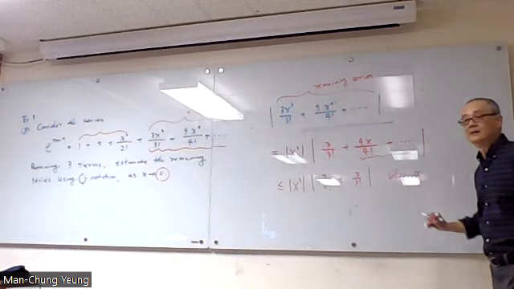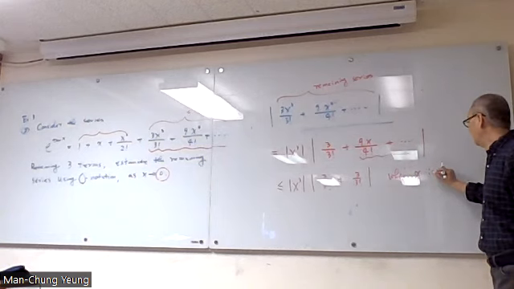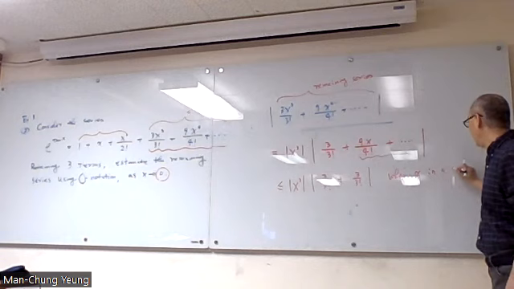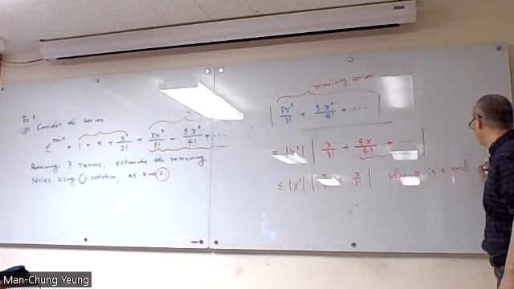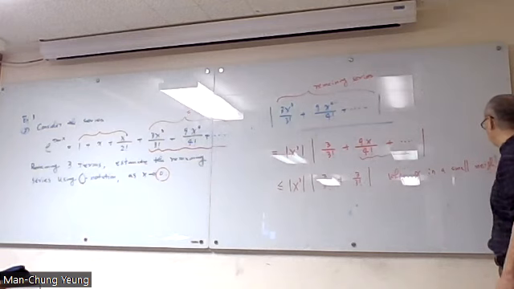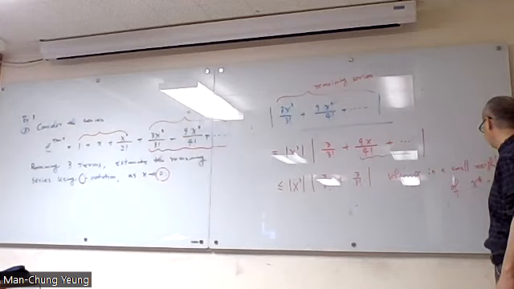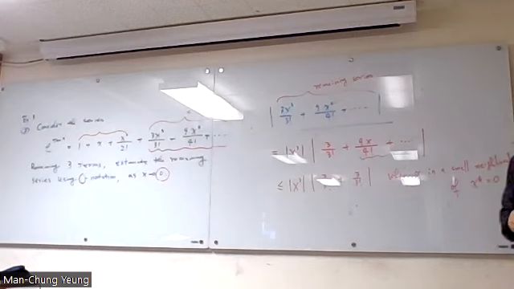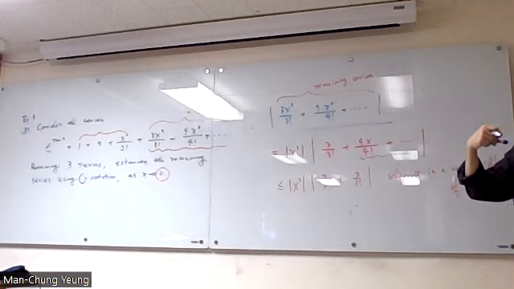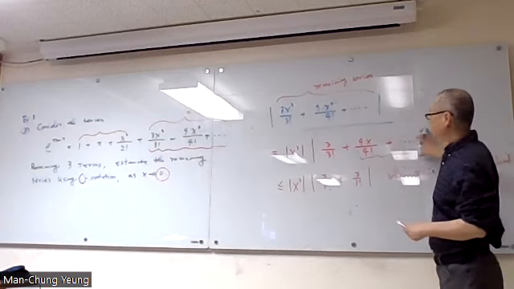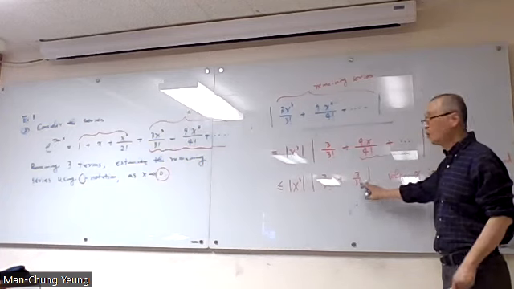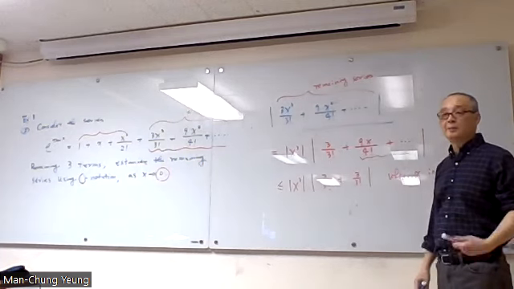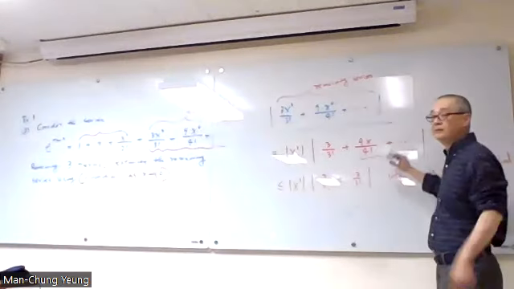Then x in a small neighborhood of 0. I can always take a neighborhood about 0 so that this sum is greater than a number, because the sum goes to 0.